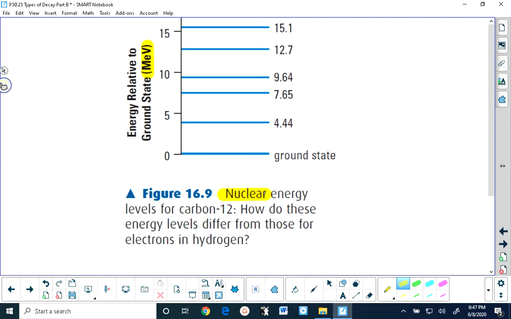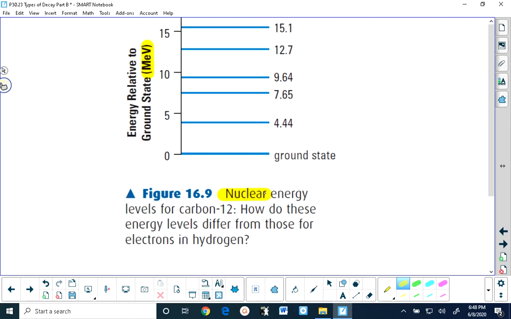So when you have an electron change energy levels in an atom, the electron might lose 4 or 5 or 6 or 8 electron volts. And that energy that the electron loses is balanced by the emission of a photon, and the photon might be visible light or infrared or ultraviolet. But when we're talking about an energy change here that's in the millions of eV, then what that means is that the nucleus loses a lot more energy.